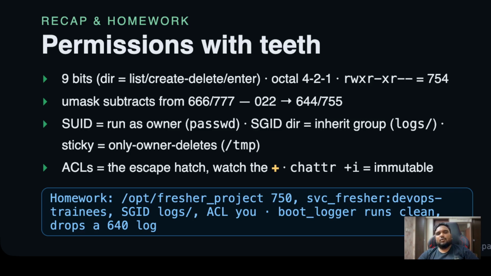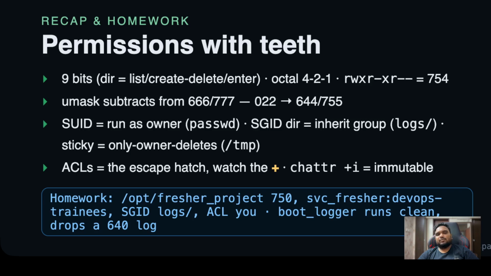The homework is: /opt/fresher_project should now be 750, owned by svc_fresher:devops_trainee, with an SGID on the logs folder and your ACL on it, and bootloader.sh should run clean as svc_fresher and drop a 640 log.